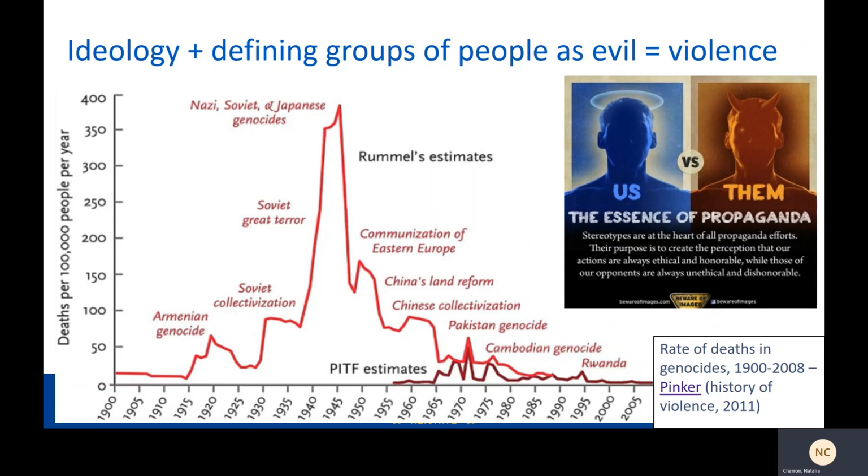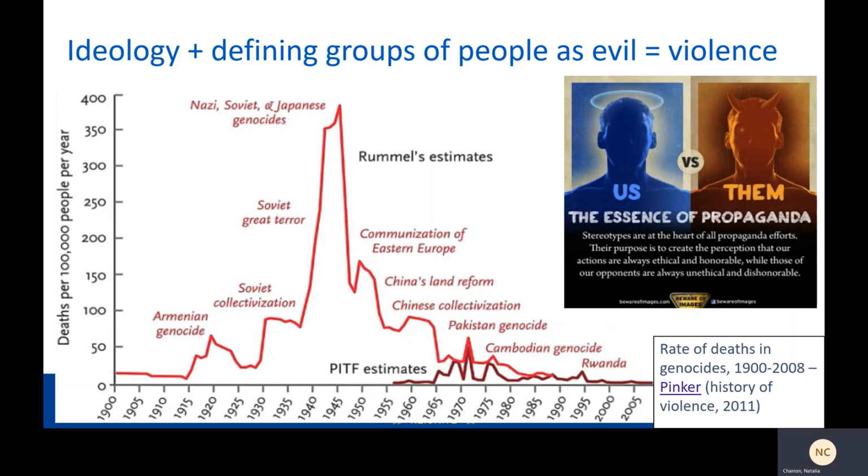And we'll see this in the spiking number of genocides throughout the 20th century, not just the Holocaust, but also the Armenian genocide, what happened when Soviet communism collectivized the farms and the Great Terror, in China, in Pakistan, the Cambodian genocide, Rwanda. All of these trends are effects of this idea of thinking of your group as good and the other group as evil.